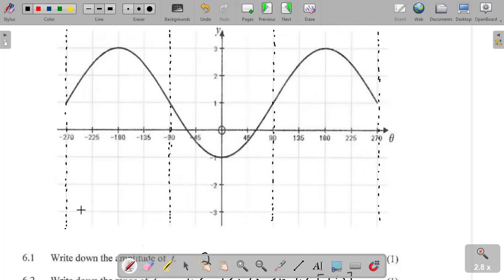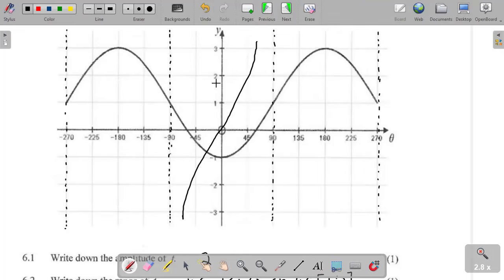And then if it's -2, it means that the graph is going to be upside down. We know that the graph should go like this, it should go like that. But if it's negative, it's going to go the opposite way.